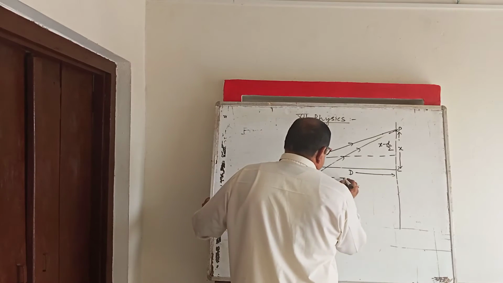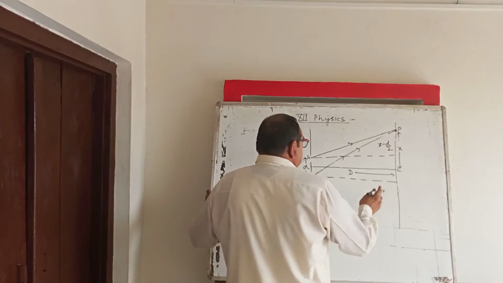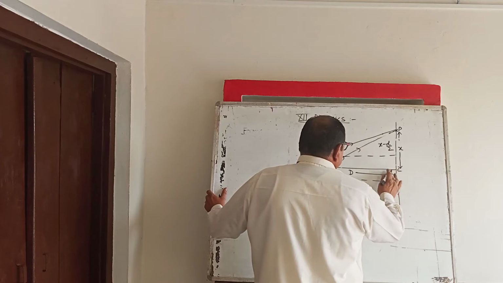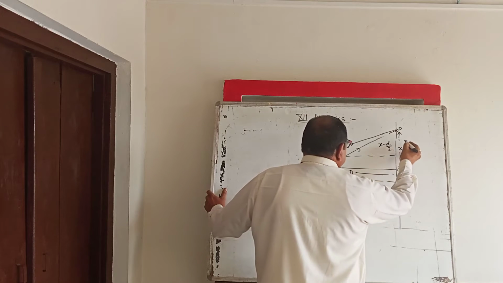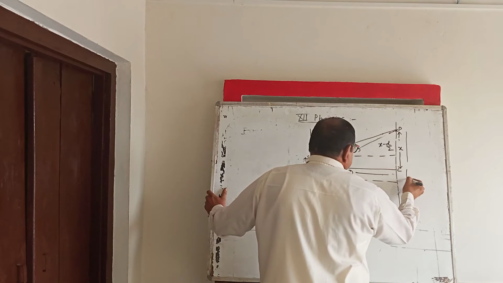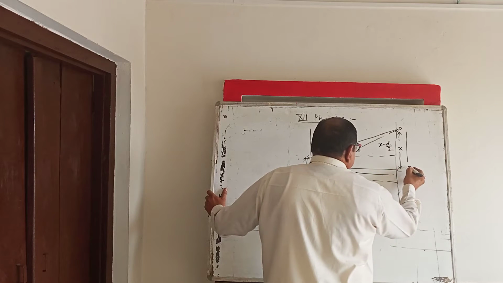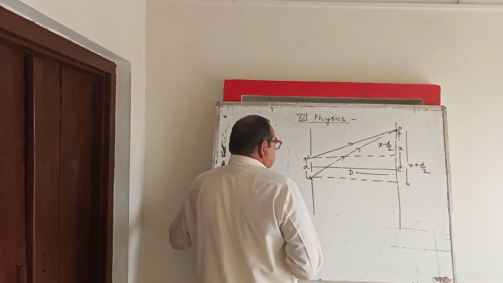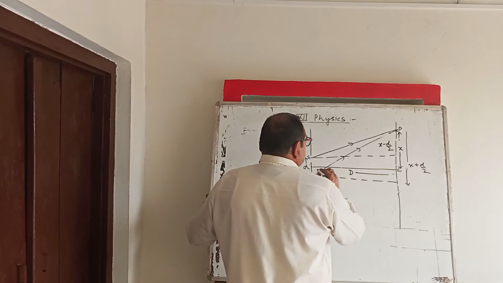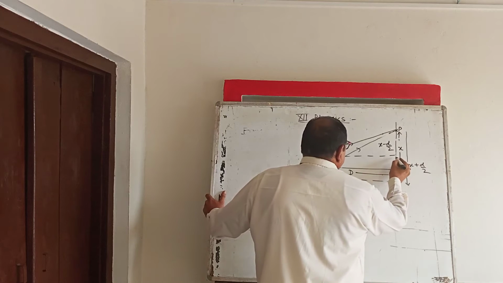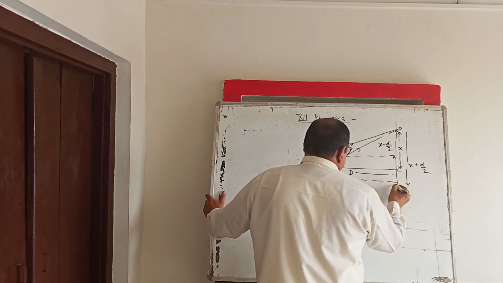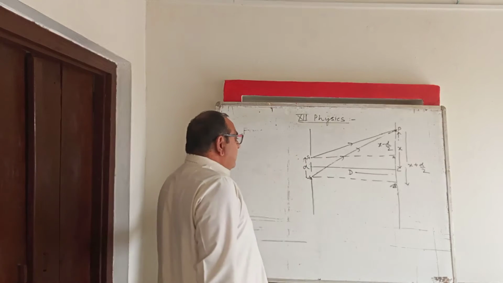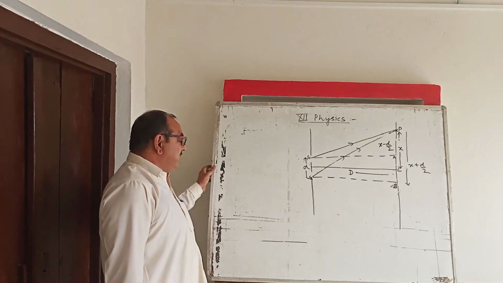And for this, this distance will become x plus d by 2. I name these S2, S1, A, and B.